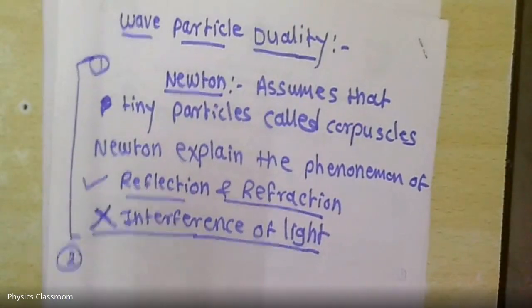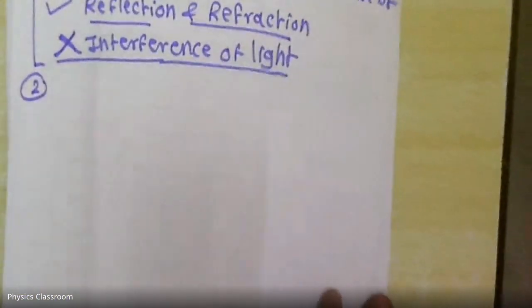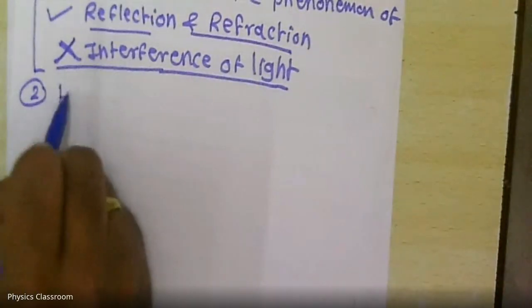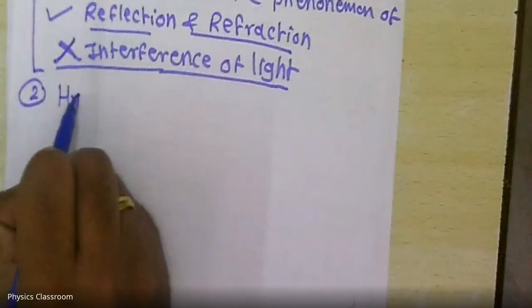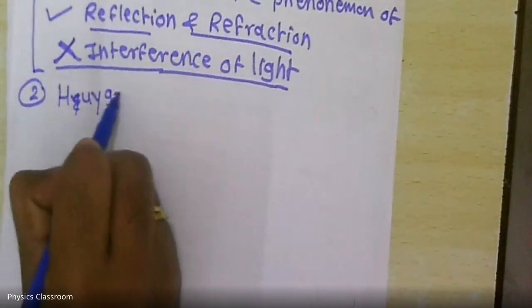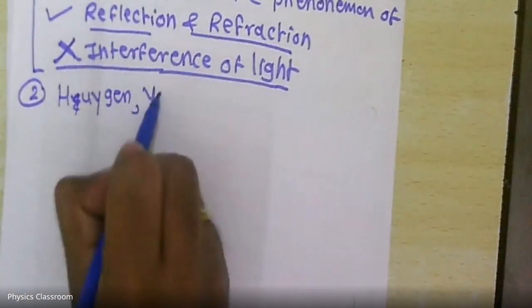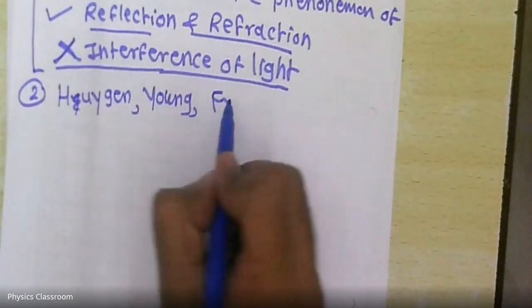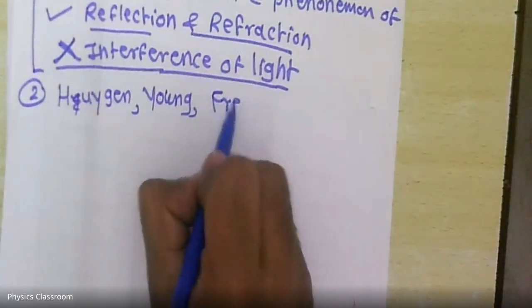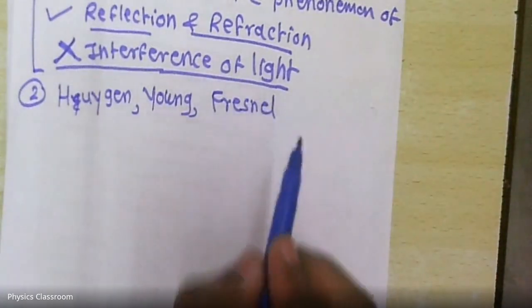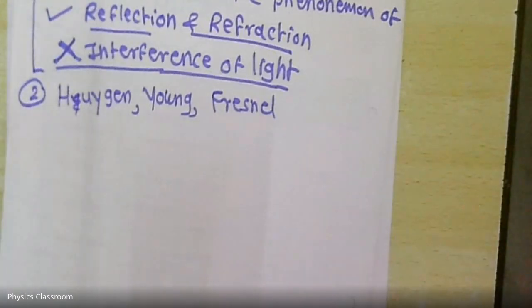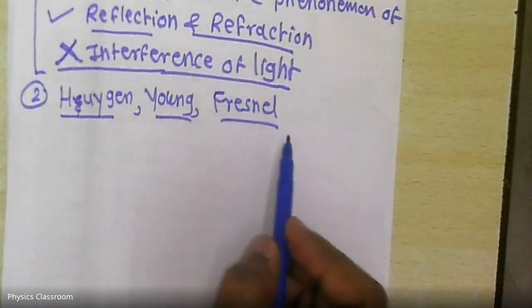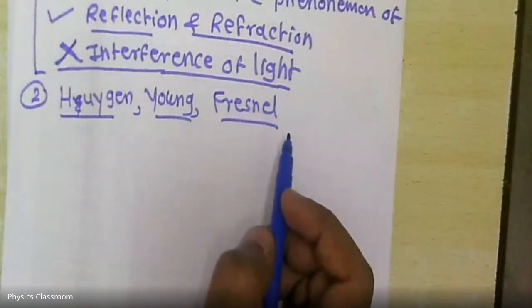Then the second point of view of wave particle duality comes from three more scientists named Huygens, Young and Fresnel. After Newton's theory, the Huygens, Young and Fresnel theory came. What is this theory?